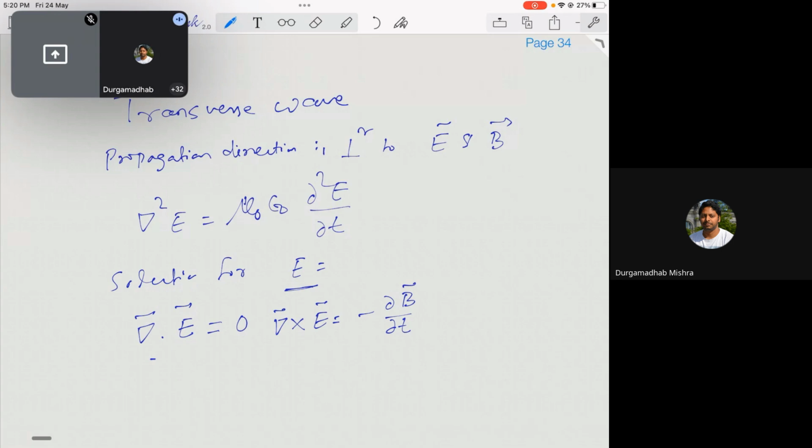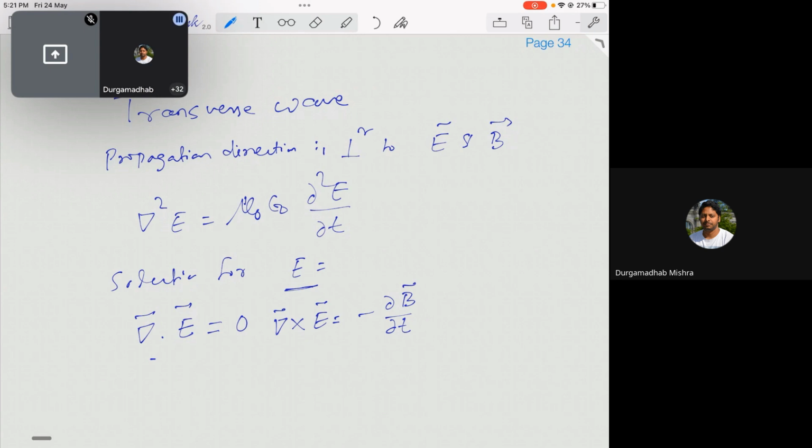Like a wave, they carry energy as well as momentum. This is also important because when we talk about light that travels from the sun to us, it carries energy. Definitely, it has energy.